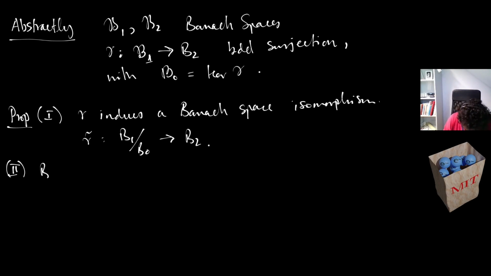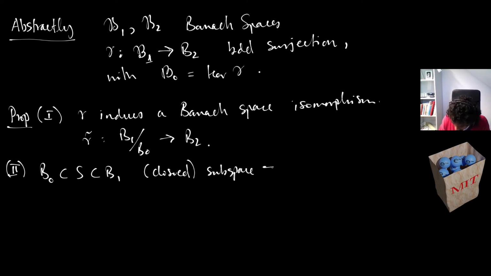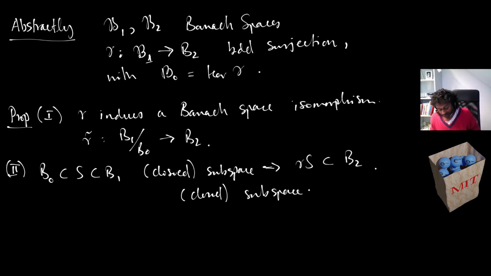If I have now a subspace S sitting between B0 and B1, so it is a subspace possibly closed, and that means that gamma S is... so if S is closed, then gamma S is closed, right?